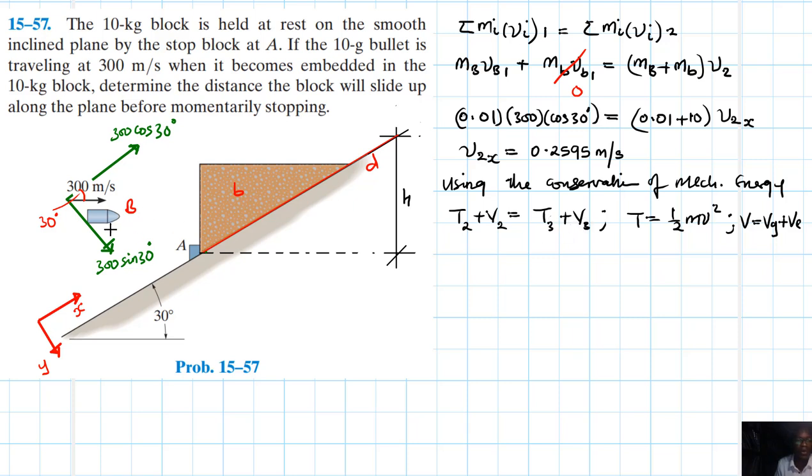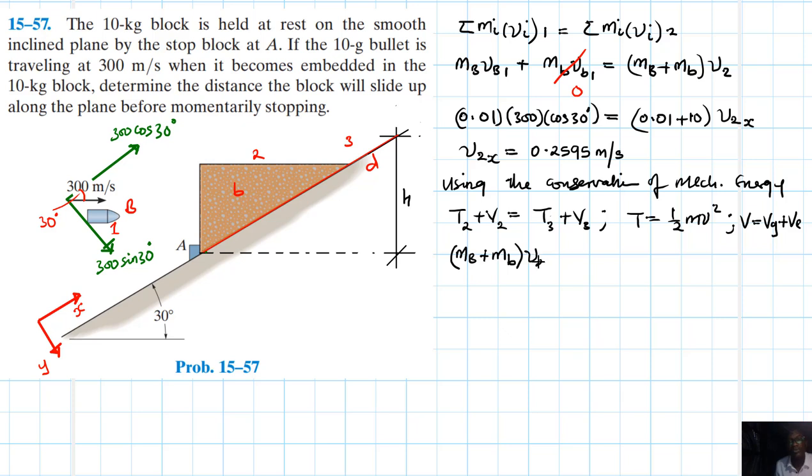So this one is 1, then we have 2, then we have 3 somewhere. Alright, we're there. Great. So what do we have? In state 2, both the bullet plus the block are embedded.